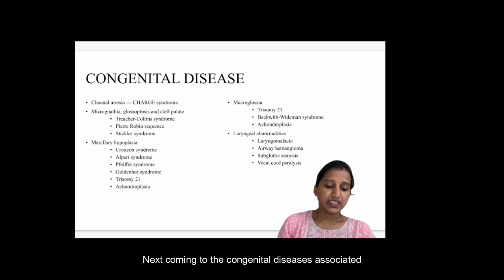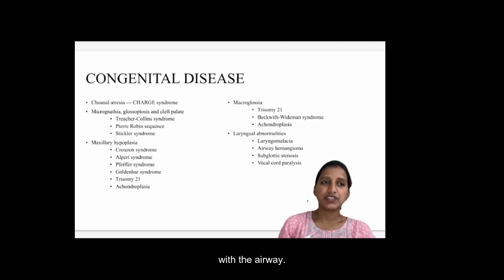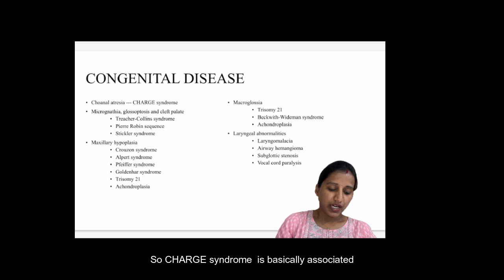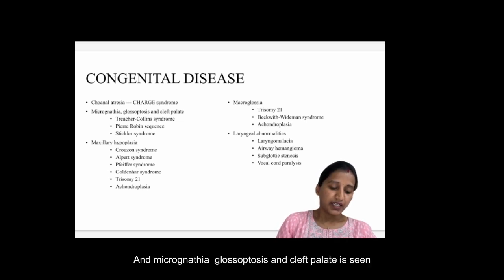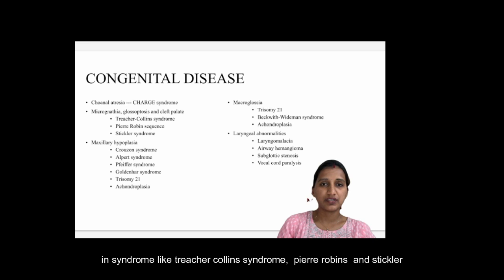Next, coming to the congenital diseases associated with airway anatomical differences. CHARGE syndrome is basically associated with choanal atresia, and micrognathia, glossoptosis, and cleft palate are seen in syndromes like Treacher-Collins syndrome, Pierre Robin, and Stickler syndrome.